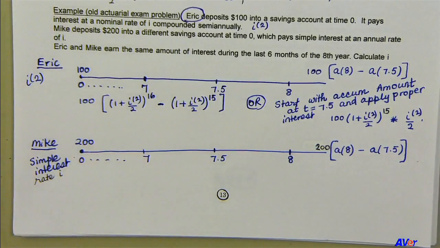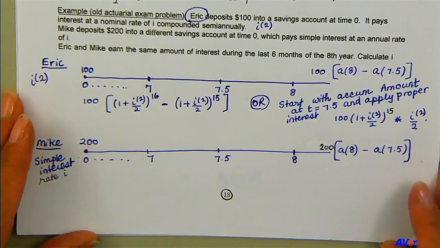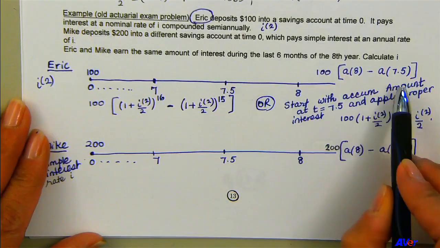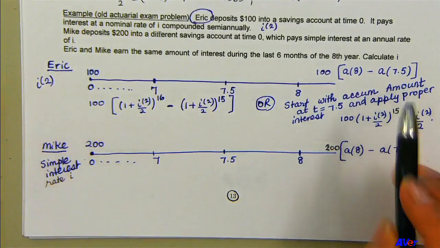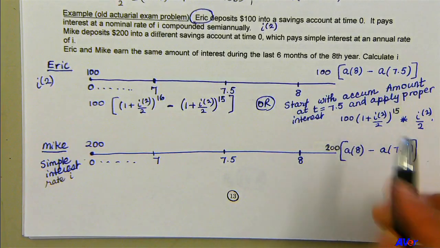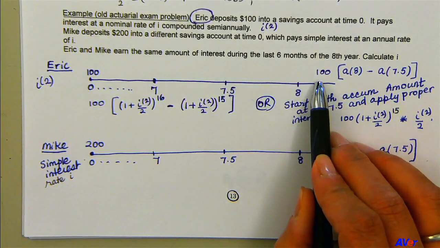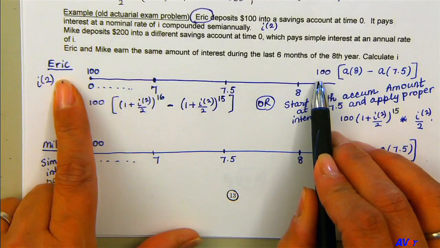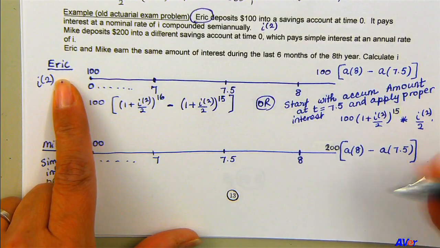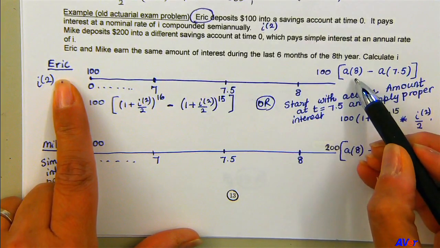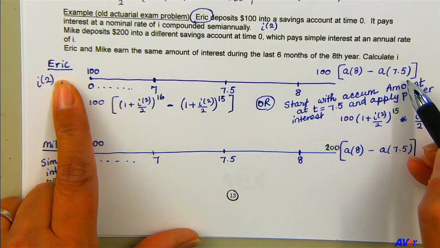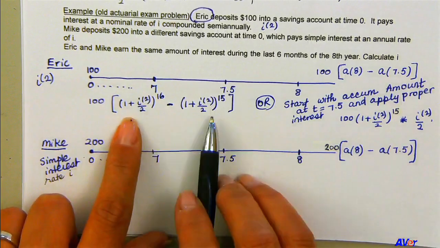So one way to do this problem is to take A of 8 minus A of 7.5, because that's the amount of interest, times 100, of course, because you're starting with 100. Eric is earning compound interest. So 100A of 8 will give me the amount at time 8, and 100A of 7.5 will give me the amount at time 7.5, and I will take the difference.